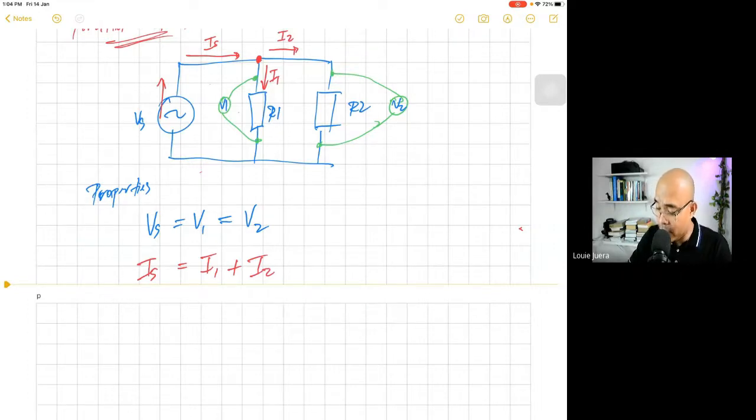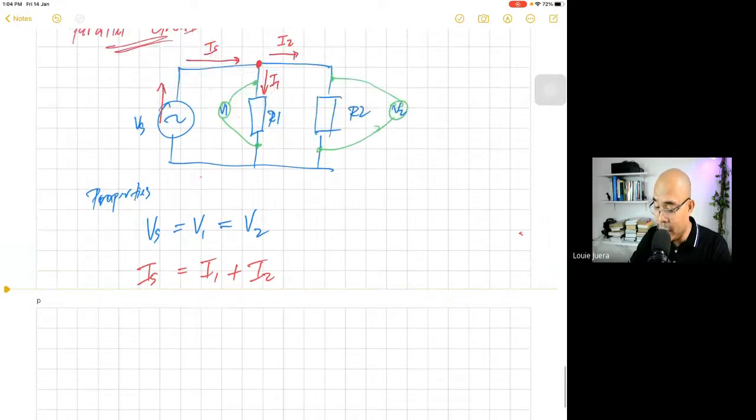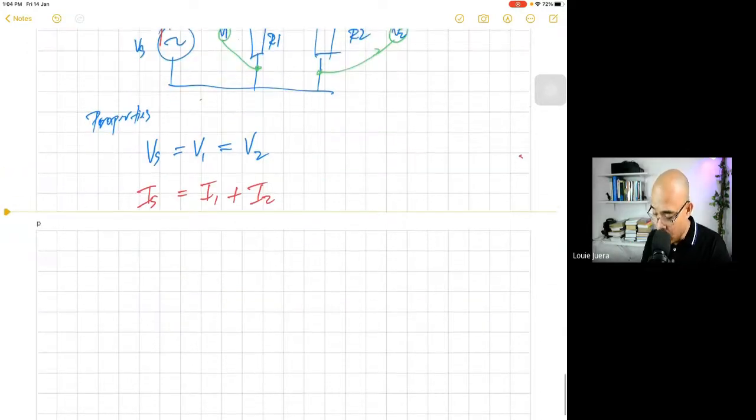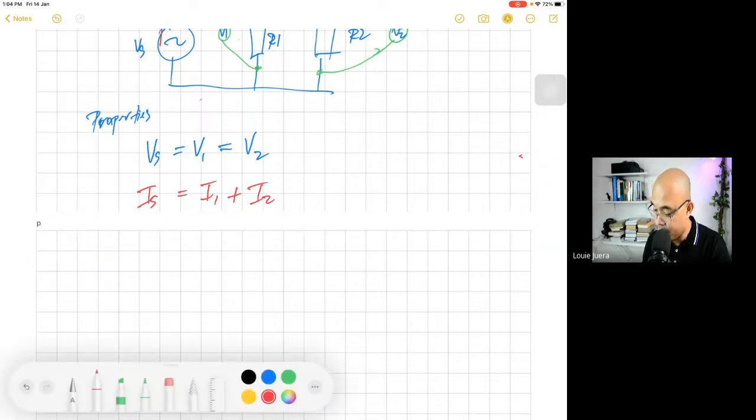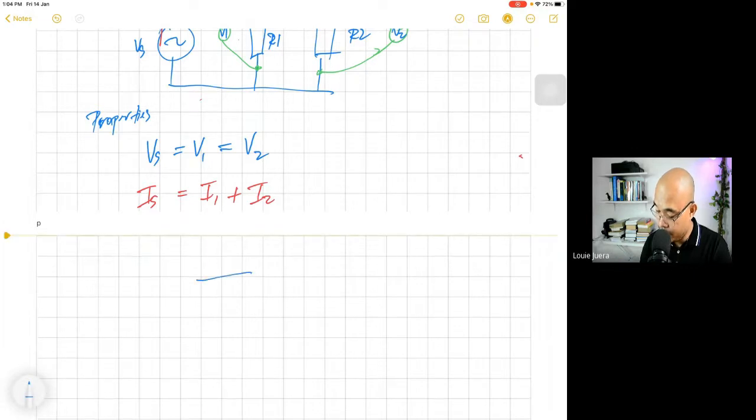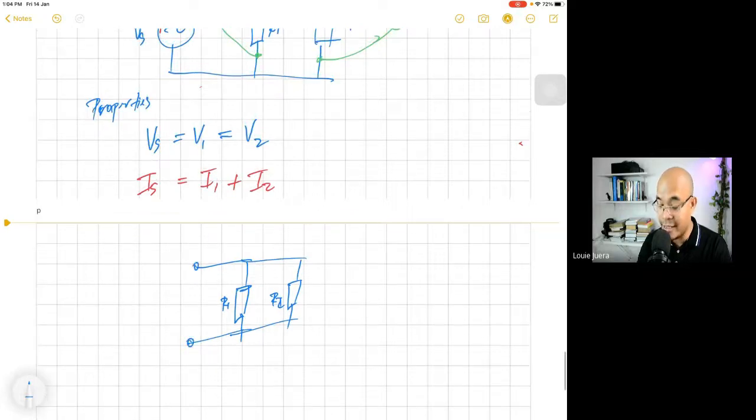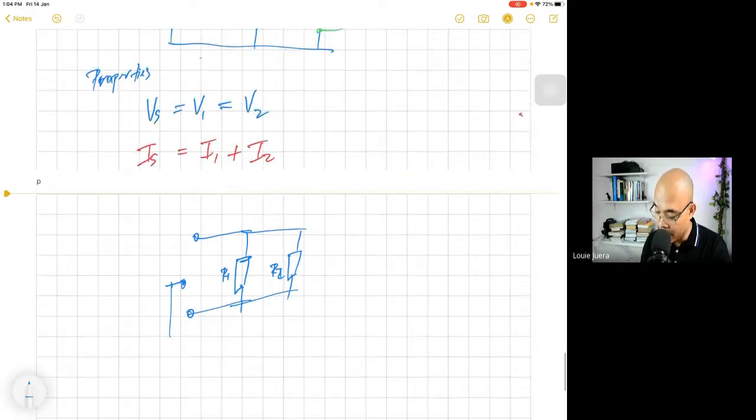Now, let's talk about resistance. For R1 and R2, before you measure the R total of this circuit, you have to first remove the voltage supply. If you rewrite this, you have R1 and R2. Then if you measure the total resistance in a parallel circuit by connecting the multimeter there, you get R total.